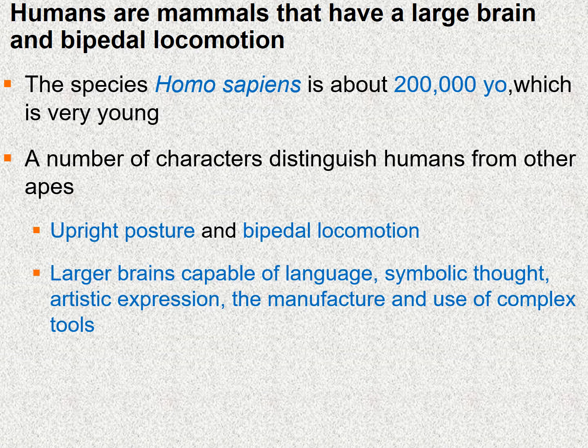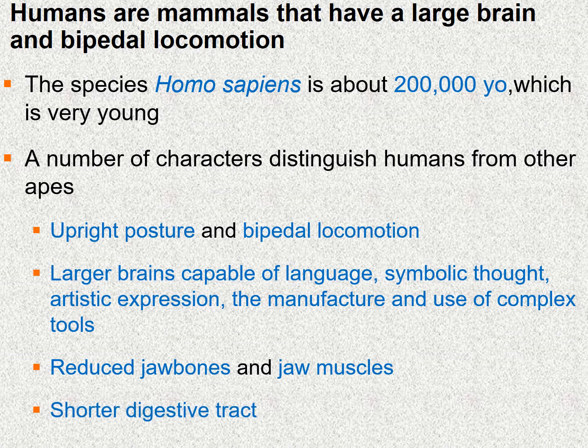They have much larger brains, which are capable of language, symbolic thought, artistic expression, and the manufacture and use of complex tools. The jaw bones are very reduced, as well as the jaw muscles. And there's a much shorter digestive tract in humans.